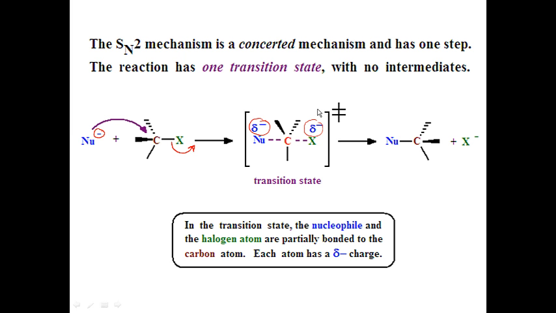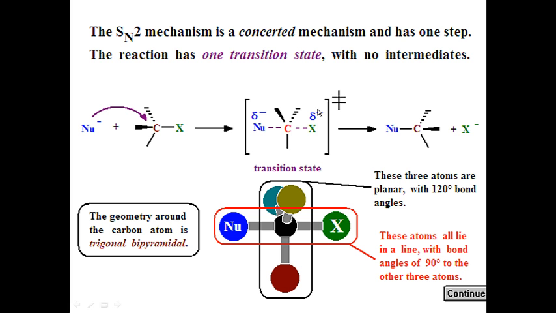Okay, so again, this transition state and this mechanism come from a lot of experimental evidence. Here's a picture of that trigonal bipyramidal transition state. The nucleophile and the halogen are 180 degrees away from each other, and then the three groups that are attached to the carbon are going to be 120 degrees away from each other.